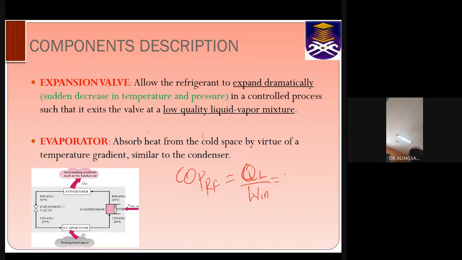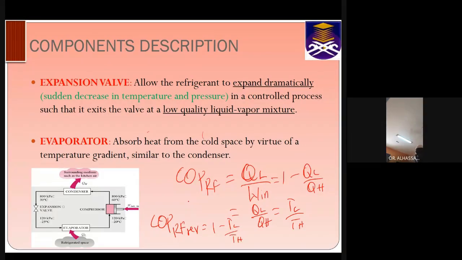This can also be written as 1 over (QH/QL minus 1), and for a reversible refrigerator the ratio QL divided by QH is given by TL divided by TH. Hence, we can define the COP for a reversible refrigerator in terms of TL and TH. So take note of this equation.